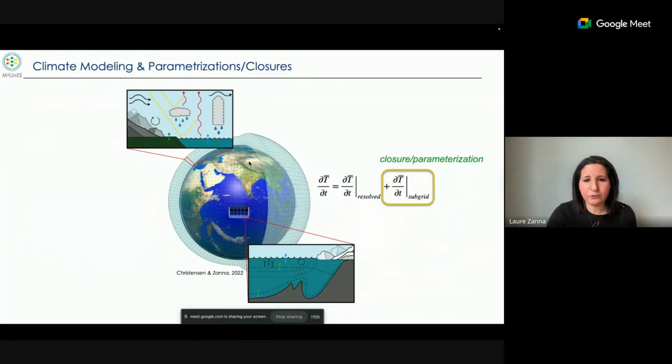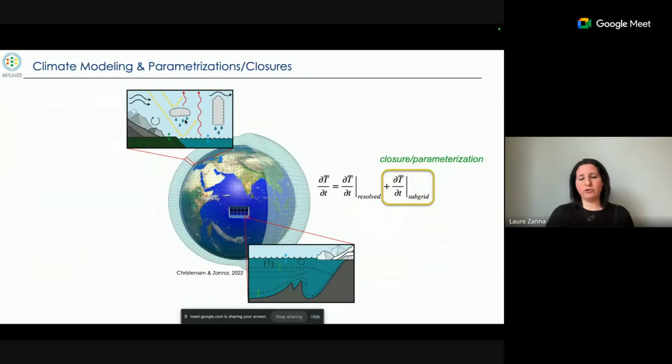So here's a little bit of a cartoon of the way climate modeling works. Take the partial differential equations, discretize them for the ocean, the atmosphere, and the rest of the Earth system components, and everything that is happening below the grid box size of your climate simulation has to be parameterized. So what does that mean? It means I need to come up with a way to represent all the processes that I can't resolve on that grid in some ways, right?